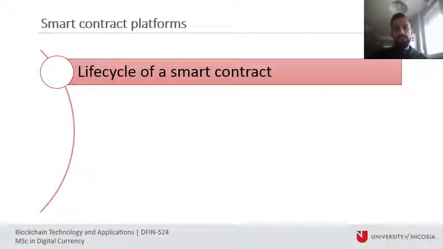An important thing to remember is that everything, or most everything, that we do with smart contracts on the blockchain can be observed by others. So our data, our business logic, etc. can be visible to others as well.